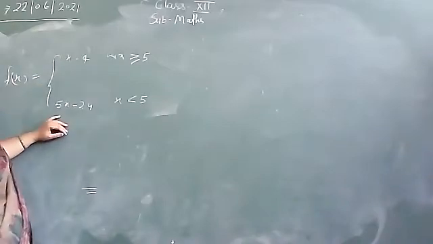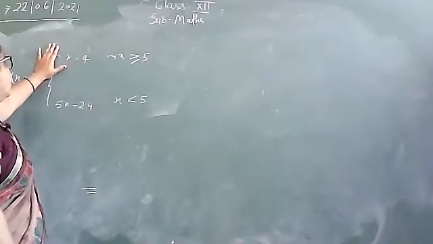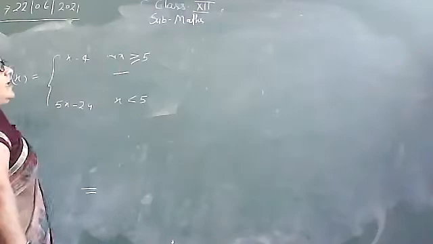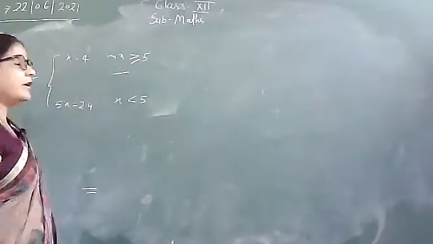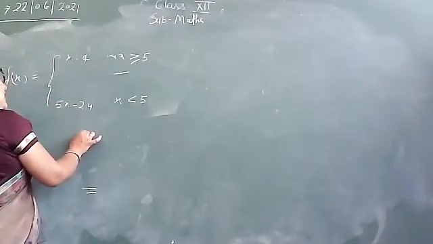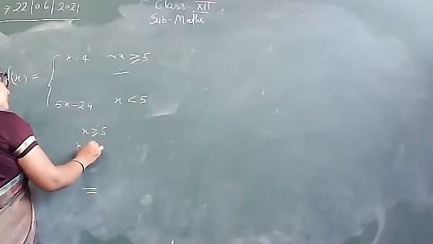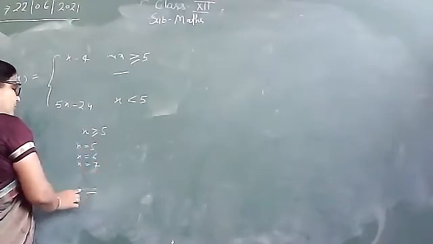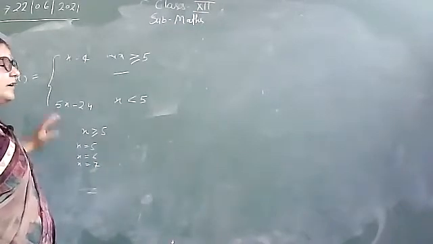So what is the limit? Left hand side limit and right hand side limit. I already explained, but now you say there is x value equal to or greater than 5. Okay, what is written here? x value equal to or greater than 5. That means x equal 5, x equal 6, x equal 7, otherwise up to 4. That means this is a greater value.